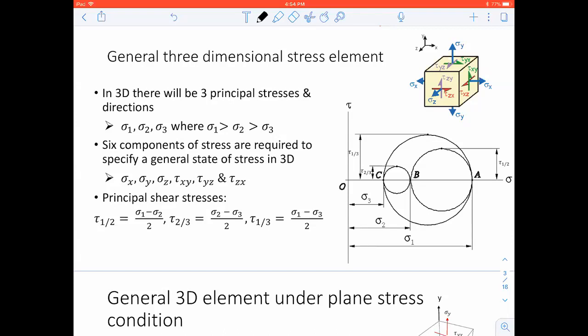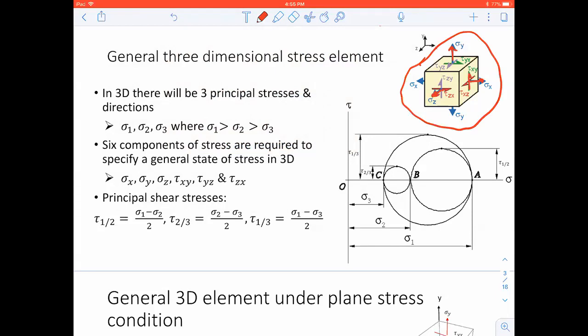So in any 3-dimensional stress element, such as this one, you can see that I have applied normal stresses in the Y direction, in the X direction, as well as in the Z direction.